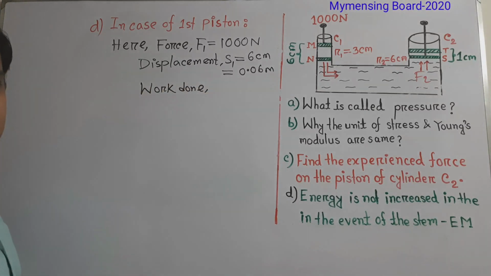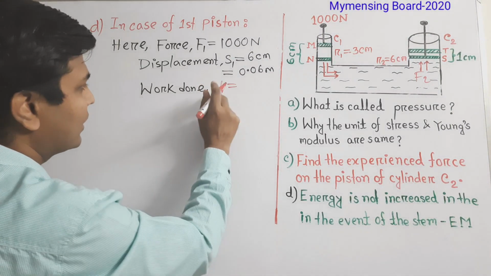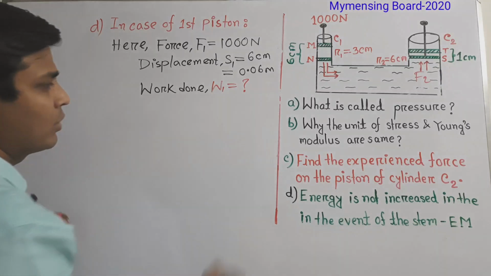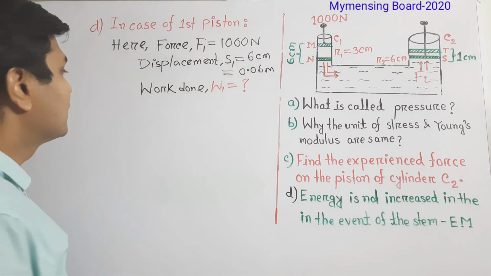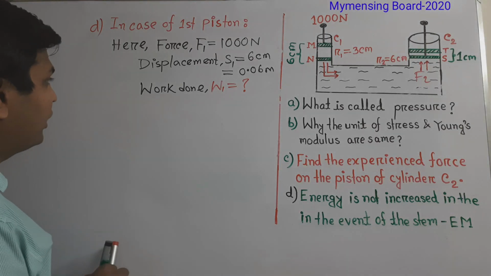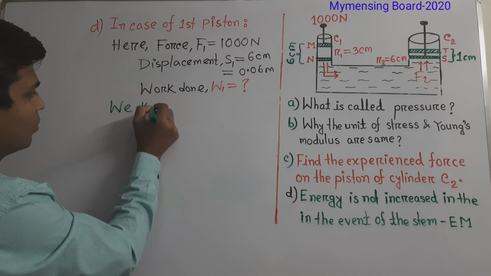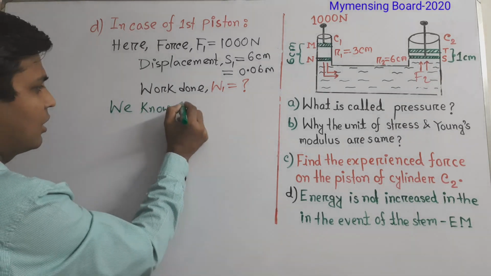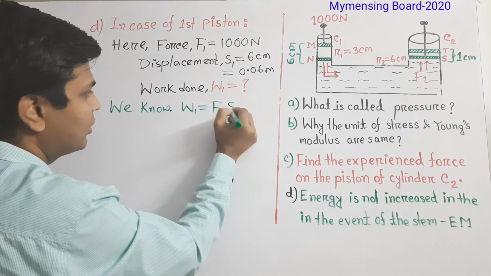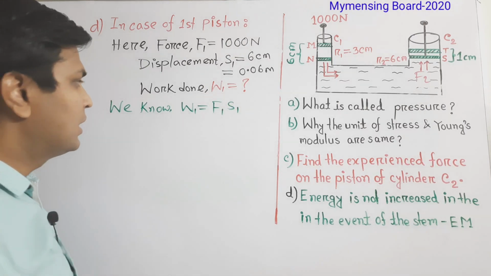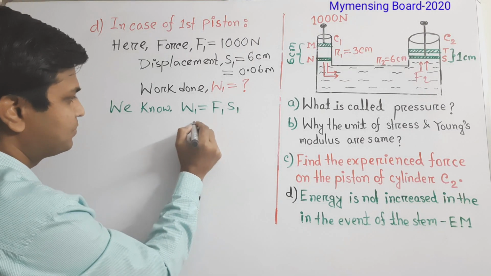Work done is W1. We consider for the first piston work done is W1, and we have to calculate the value of W1. So W1 equals what? We know the formula to calculate the work done is W1 equals F1 into S1. Here F1 and S1 are given.